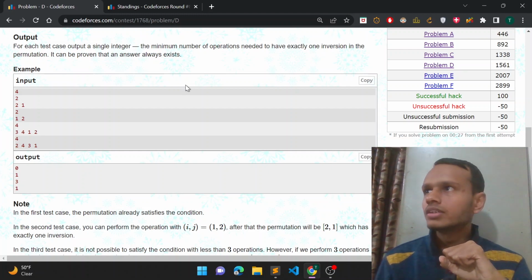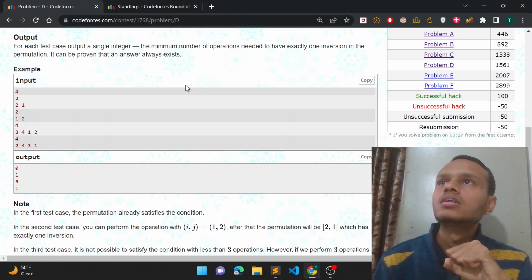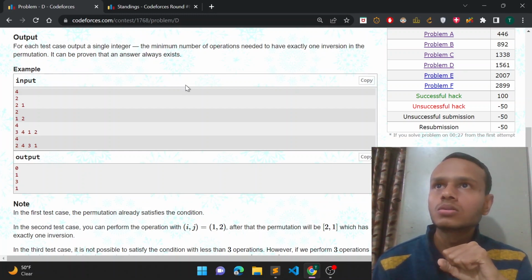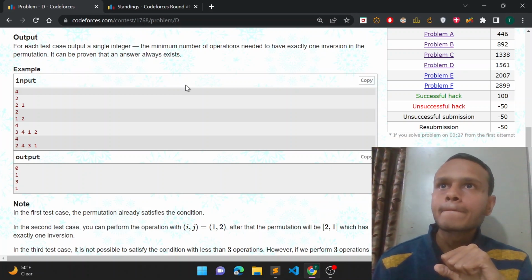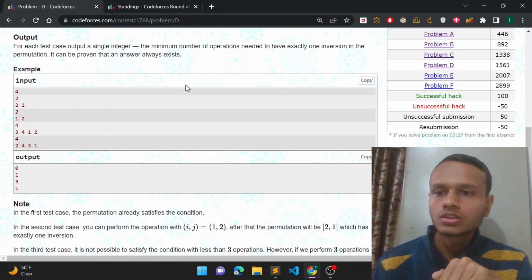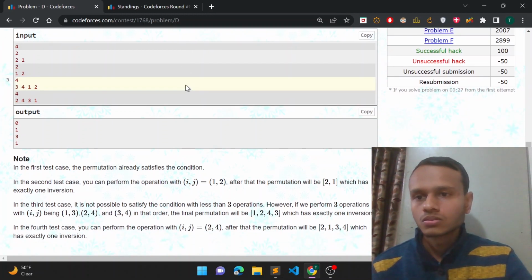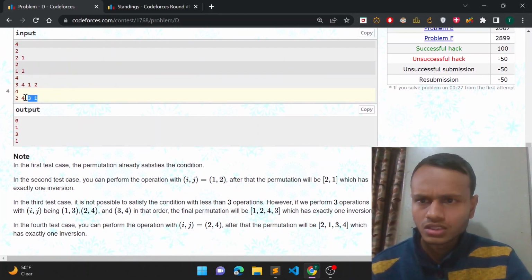Or should we sort the elements? Should we sort the whole array and then check for the answer? How is it done in this case? Just swap 1 and 4, right?